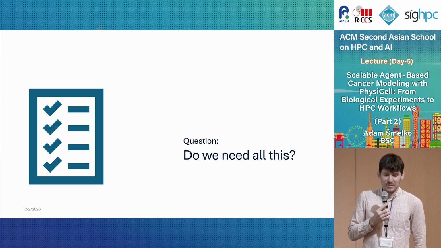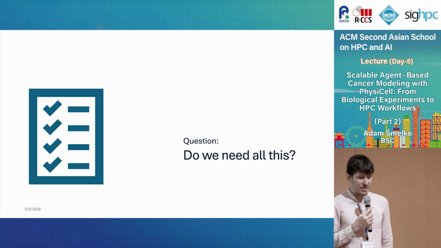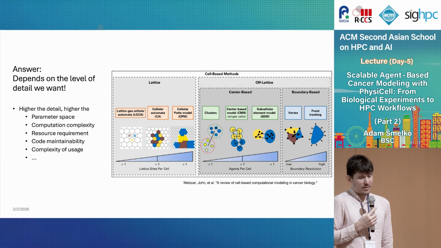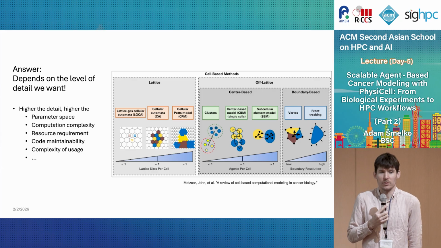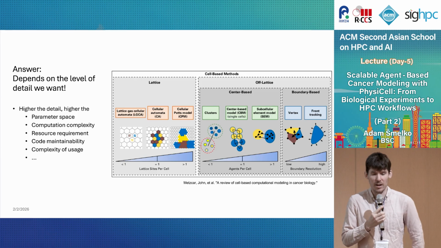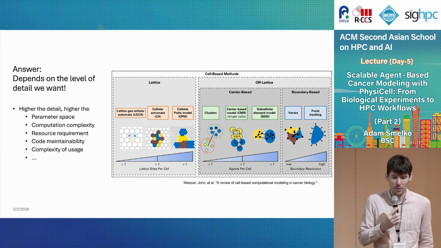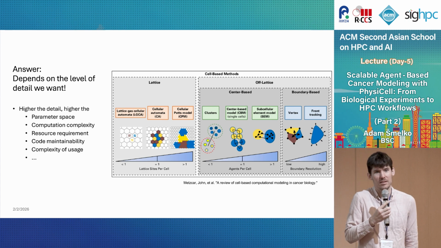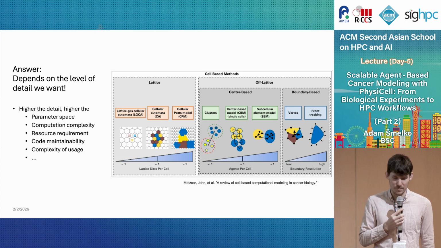But okay, do we actually need all this? This is the most important question. I think it depends on the level of detail you want. If you want to simulate scenarios where we know that the cell shape will not play any major role, we can definitely make do with cells being represented by simple shapes.